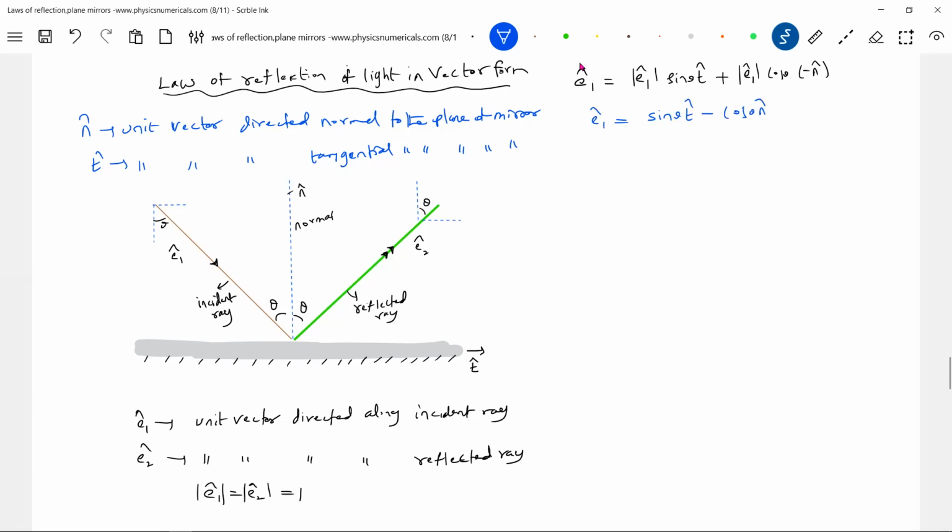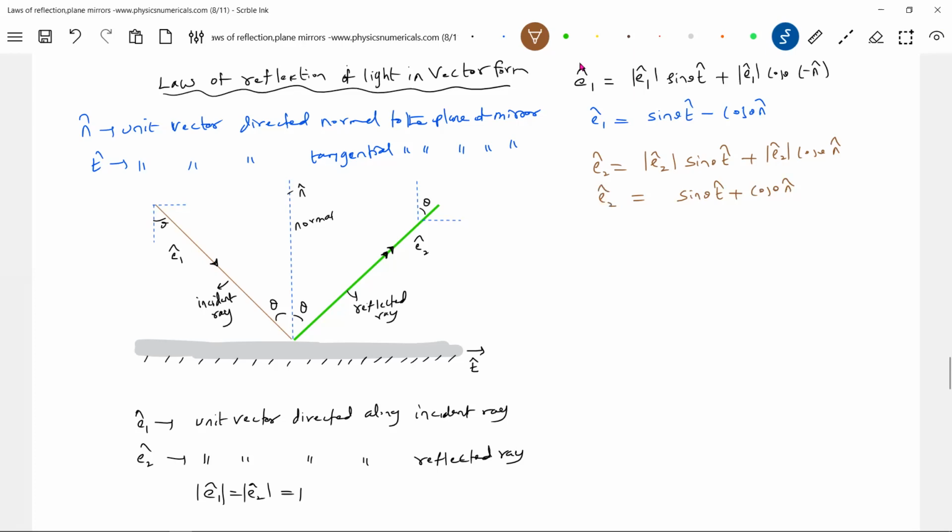Similarly, we'll take E2 cap. Mod of E2 cap should be equal to E2 sine theta T cap plus E2 cap cos theta N cap, that is, sine theta T cap plus cos theta N cap.